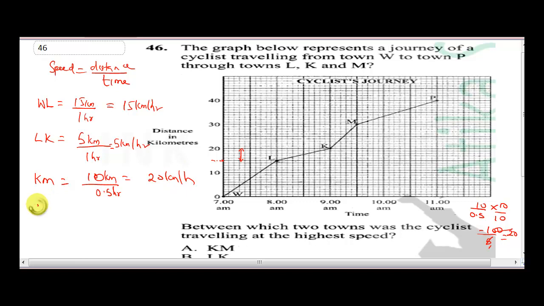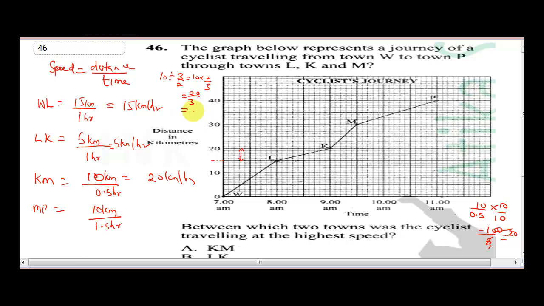Now, between M and P, he covered 30 to 40, that's 10 kilometers. The time is between 9:30 and 11, and that's 1 hour 30 minutes, so it's 1.5 hours. So 10 divided by 1.5 is 10 over 3 over 2, which is 10 times 2 over 3, which is 20 over 3.